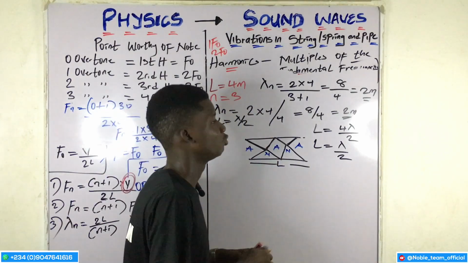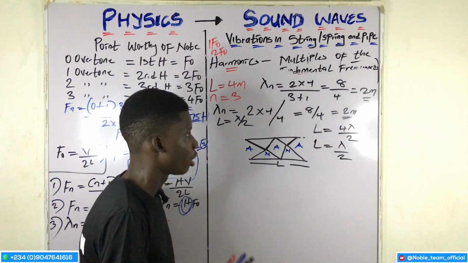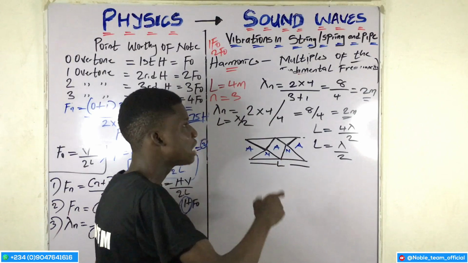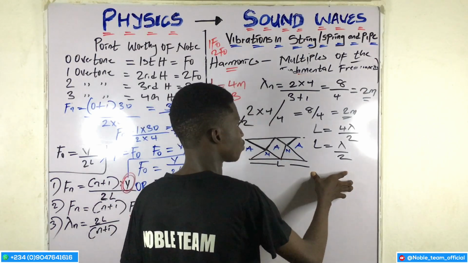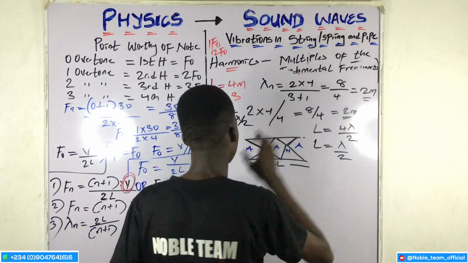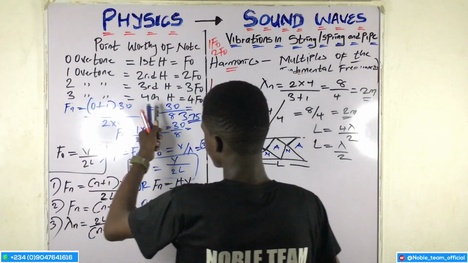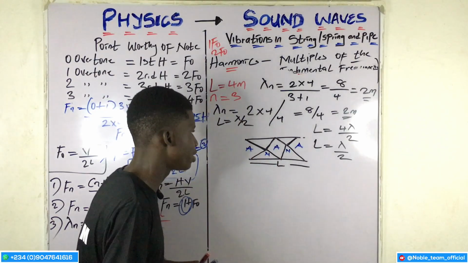Good. So take note that the length, the number of loops that you have, is equivalent to the number over 2. Imagine I have 4 over 2 here. So 4 is like saying that my harmonic is going to be 5. Do you understand?